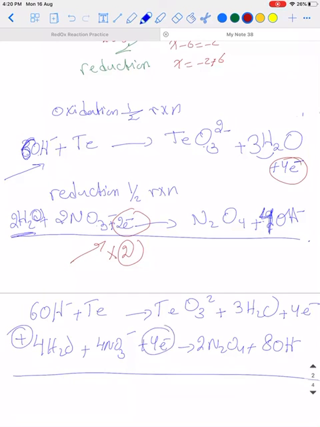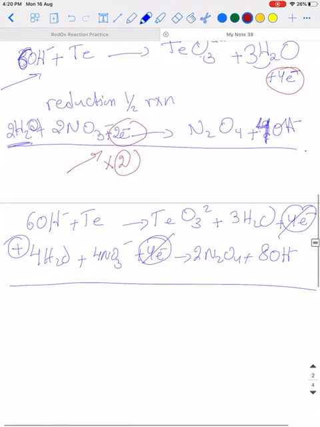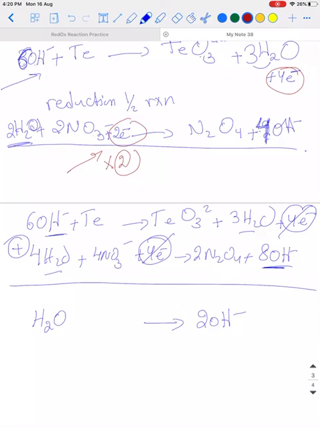Now the number of electrons on both sides is equal, so I cancel them, and I start adding. 6 OH minus and 8 are on different sides of the equation. I subtract and put the answer on the larger side, 2OH minus. 4 water, 3 water, subtract 1 water, and I put it on the left side because the larger side that contains molecules of water is the left side.